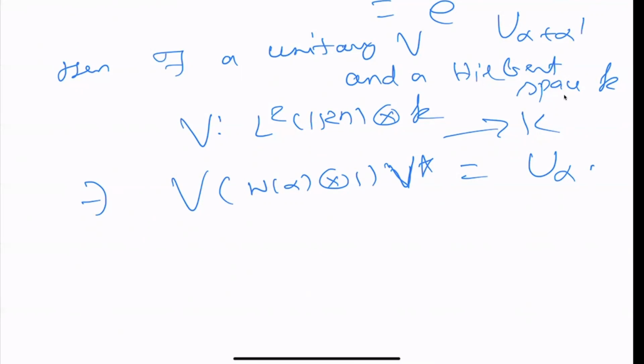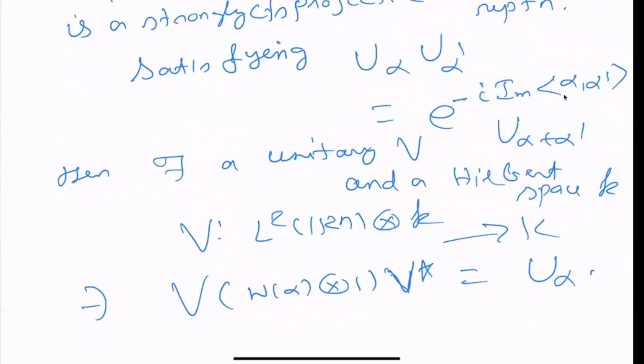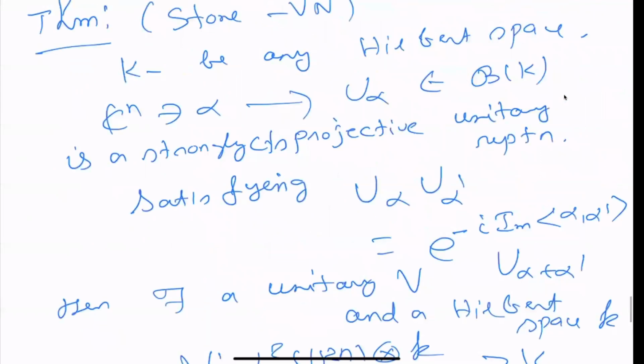So this is what is called the Stone-von Neumann theorem, which is only true when the Hilbert space is finite dimensional. This is for Cn. In infinite dimensions, this is not true. All the Weyl representations of an infinite dimensional Hilbert space are not known. It's still coming out, mostly from physics people.